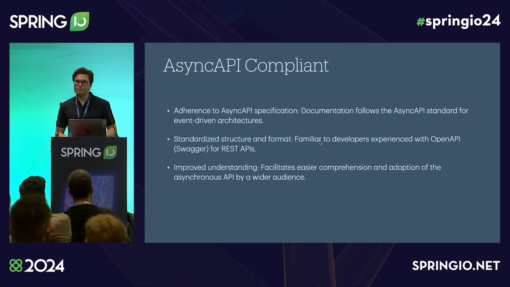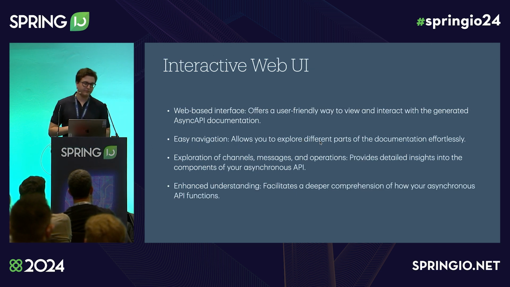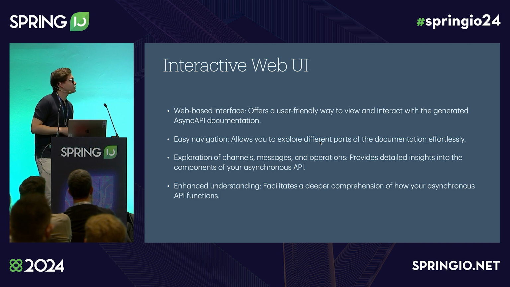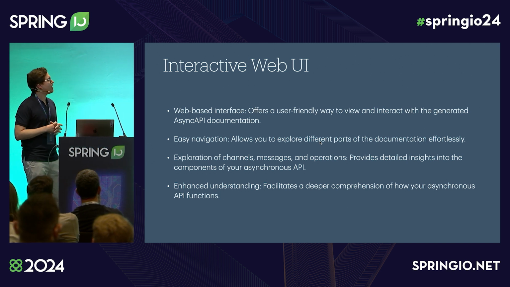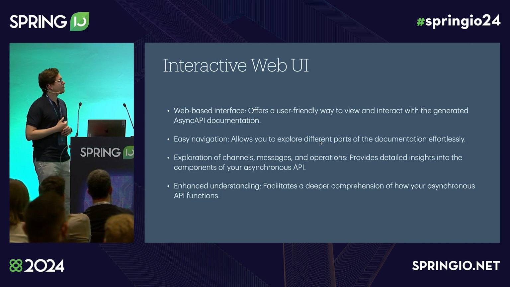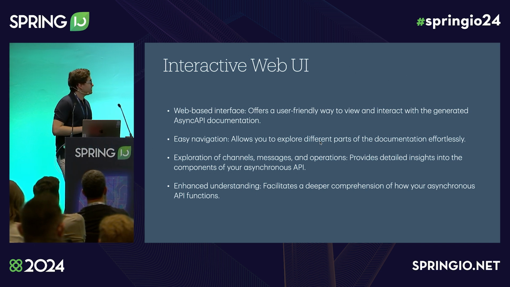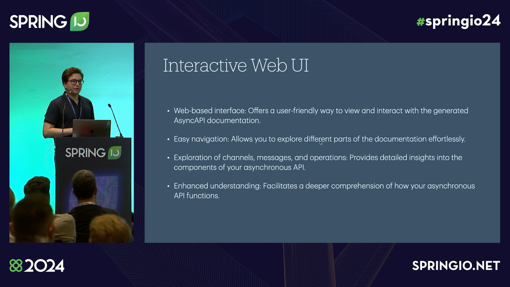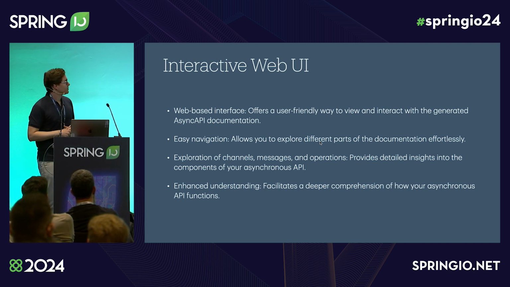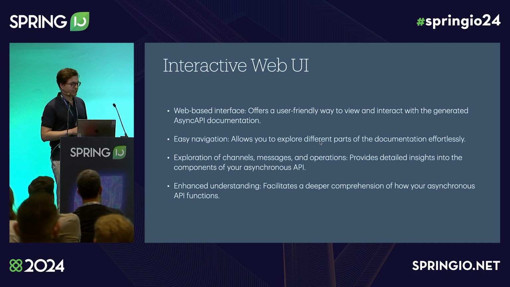But the two things that I like the most about Springwolf are the ones that I'm going to talk about right now. The first one is the interactive web UI. So they also offer a web UI that you can spin up right from your Spring Boot application. That has easy navigation. You can explore everything just as I showed you in the AsyncAPI Studio as well, and also enhances understanding.